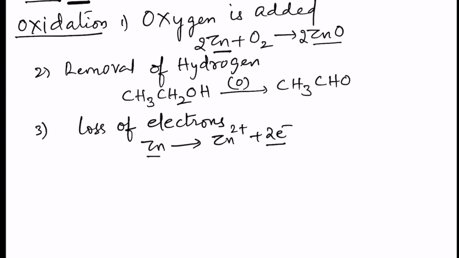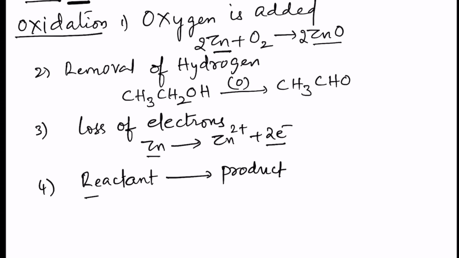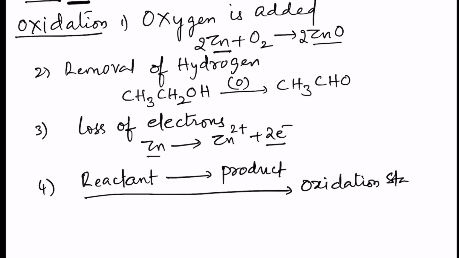Zinc is undergoing oxidation. Now taking this as an example, we will try to understand how to identify an oxidation process. If from reactant side to product side oxidation state increases, then we say that process is oxidation.